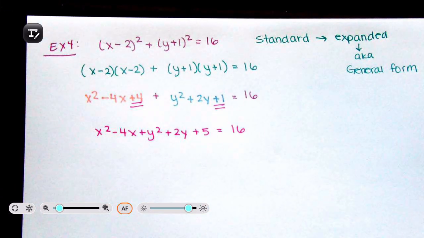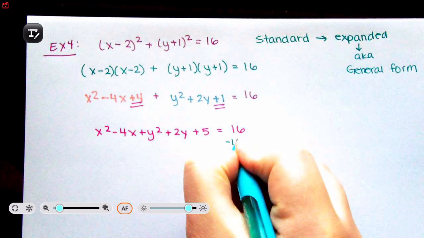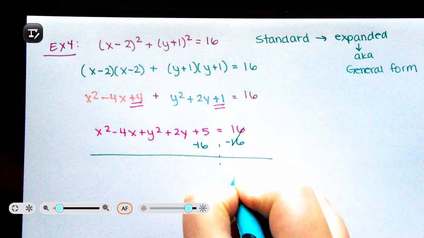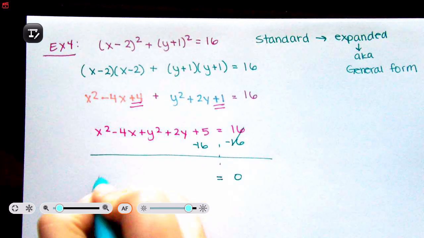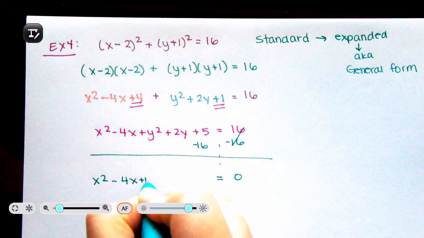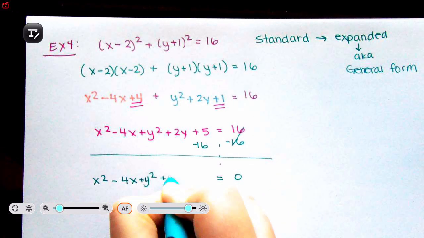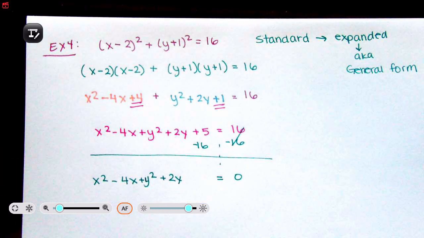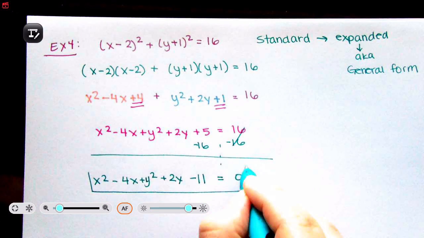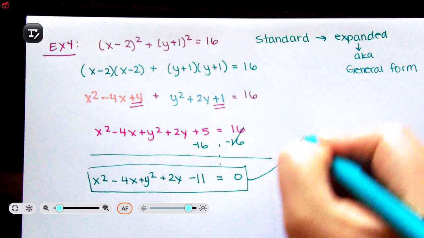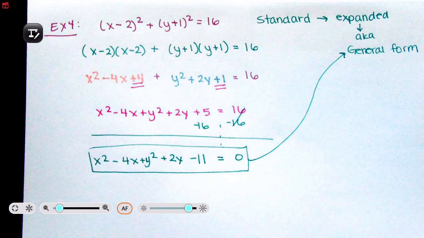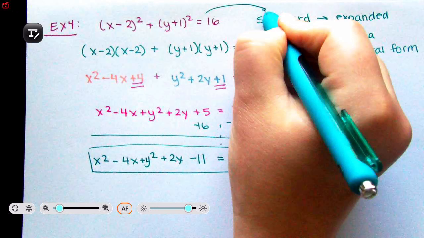Now I'm going to subtract 16 from both sides. So I have 0 is equal to x squared minus 4x plus y squared plus 2y. And then what is this? Negative 11. So this is your expanded general form. And your standard form is this one.